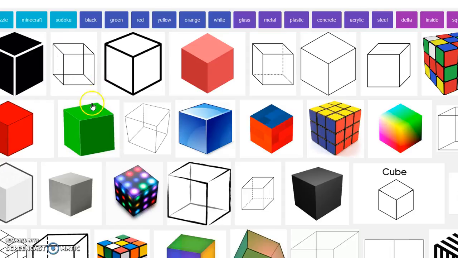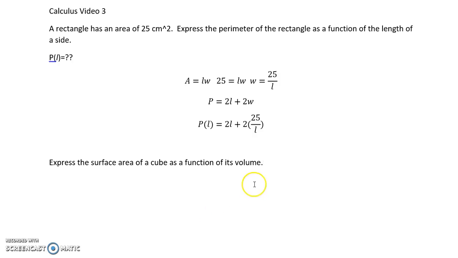So right away, when I think about a cube, based on our knowledge, hopefully you guys are all thinking to yourself that the volume of a cube is equal to the length cubed. At the same time, the surface area of a cube has 6 sides. 6 times what? Well, each side has L times L, so how about L squared?